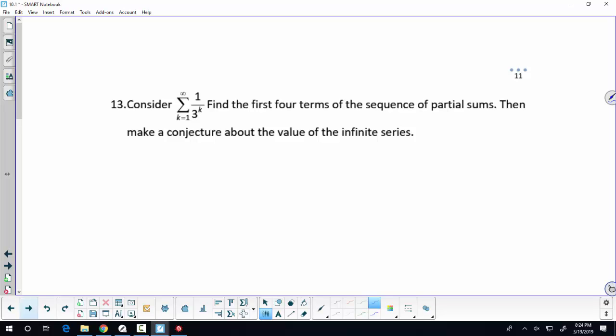Okay, so we've got 1 over 3 to the k. Find the first 4 terms of the sequence of partial sums, and then make a conjecture about the value of the infinite series. We did look at 1 over 2 to the k, 1 over 3 to the k. There's one in your homework that's like 1 over 8 to the k.